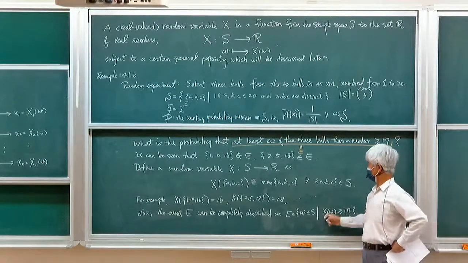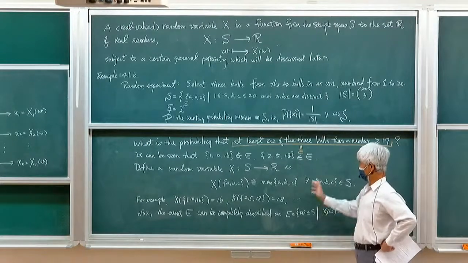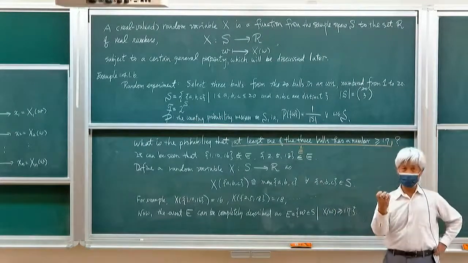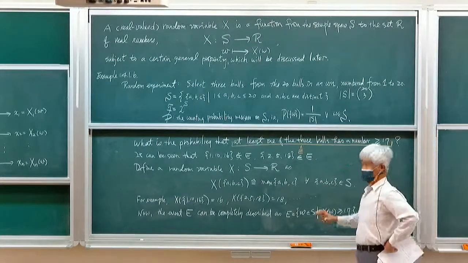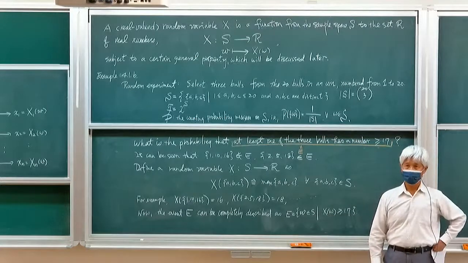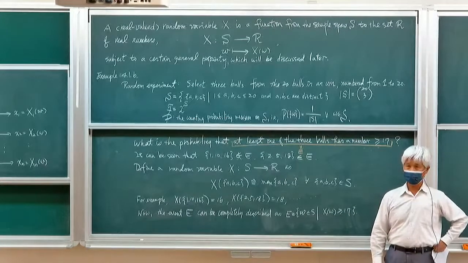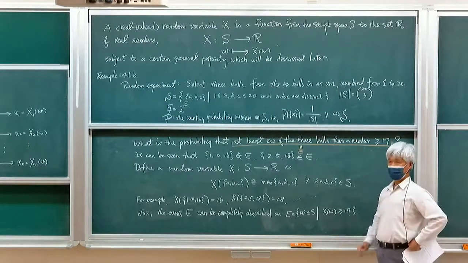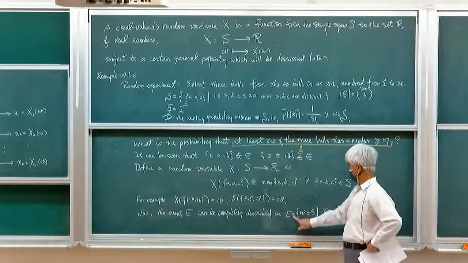Because this feature enables us to describe the original event in a succinct manner. So E is here.